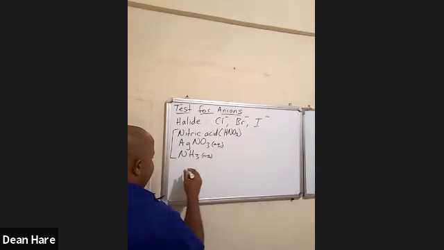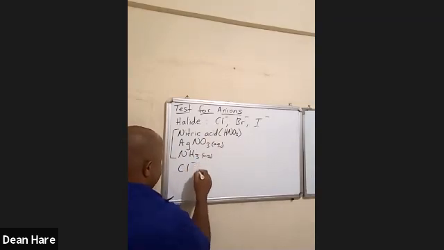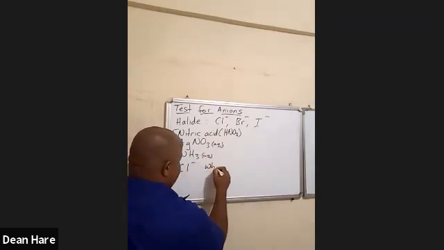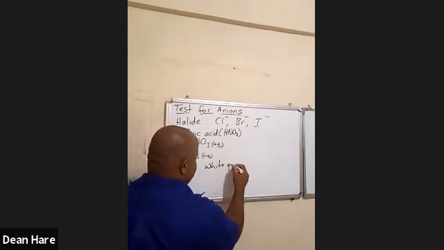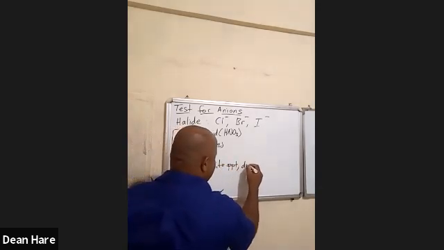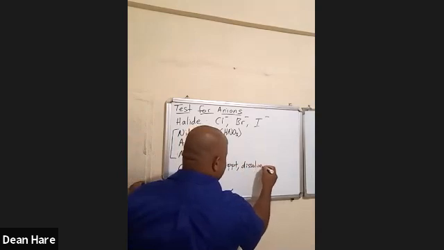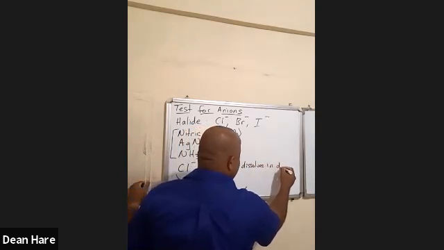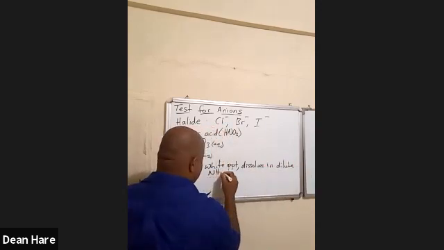For the chloride ion, you will get a white precipitate that dissolves in dilute ammonia solution.